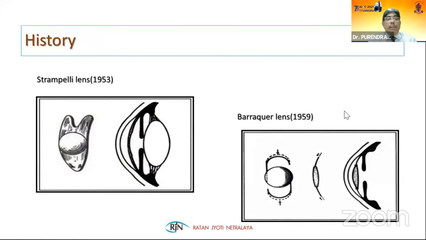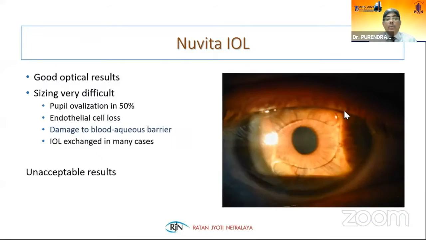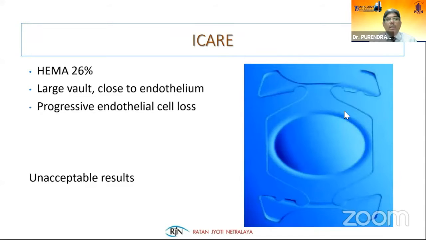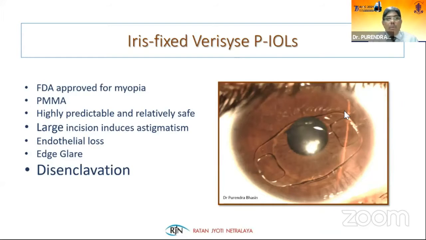There is a long history. There has been a long thirst for correcting the refractive error in a permanent way since 1953, when Strampelli, Barraquer and many others came out with many lens designs at various places in the eye. But because of the poor quality of imaging, poor understanding of the eye and its structure, and the poor quality of lenses available, we could not do it.